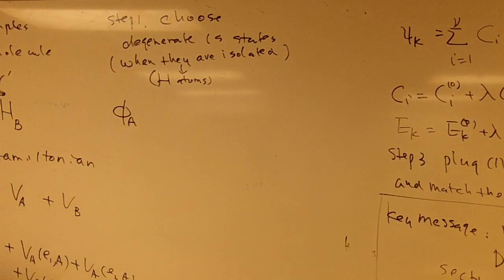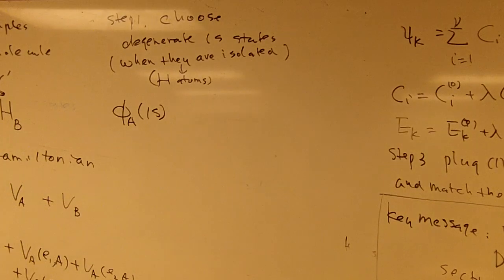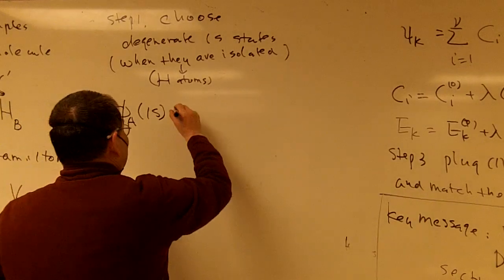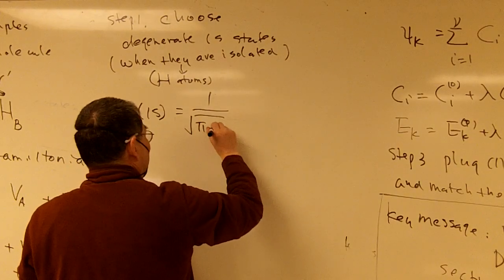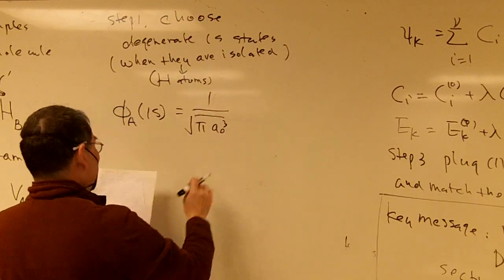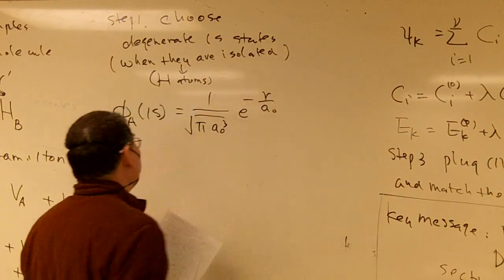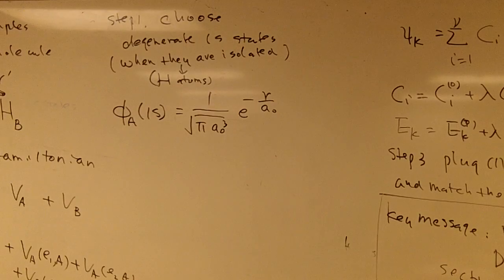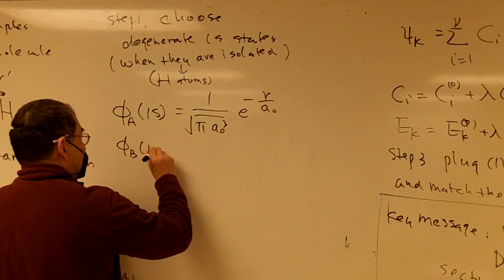This is phi sub A, the first eigenstate, and we are talking about a 1s electron, so we put 1s there. The wave function is 1 over the square root of pi a0 cubed, times e to the negative r over a0. That is the wave function for hydrogen A. Another wave function is phi sub B, 1s state.